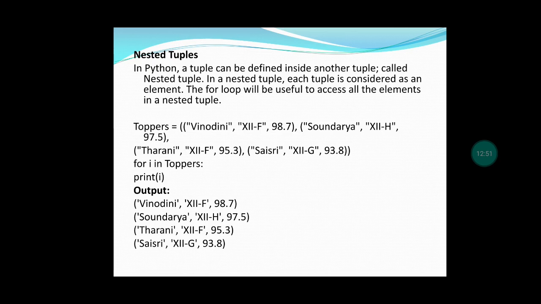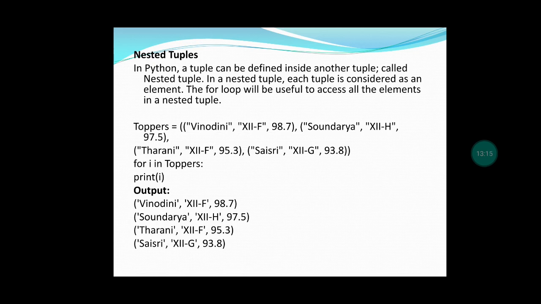So 4 different tuples are given inside one tuple. This is called a nested tuple, and we are printing each tuple separately: Vinodini, Soundarya, Dharani and Sayasri. So inside the tuple, another tuple has been defined. This is called a nested tuple.